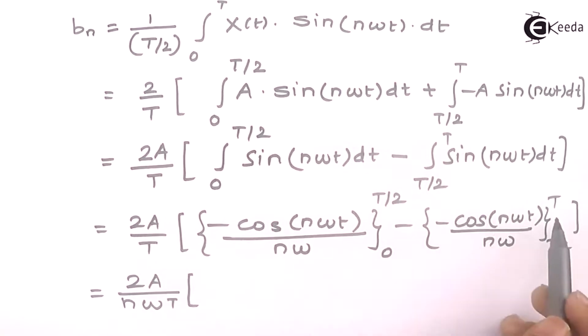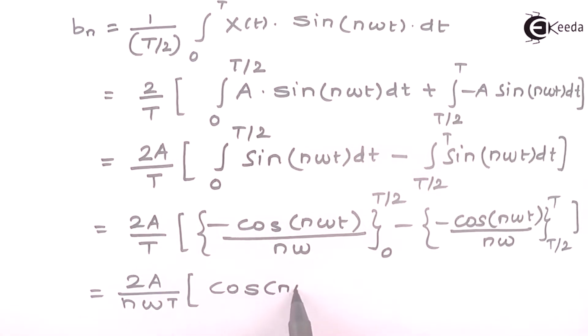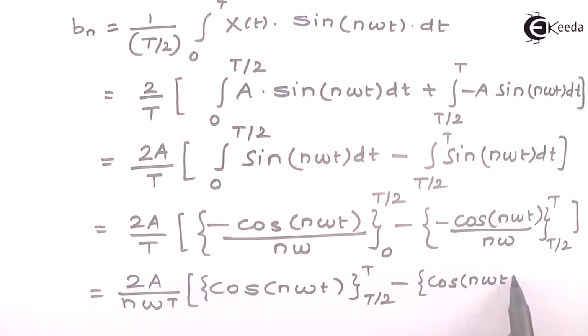So let's write this term first: cos n omega t, limits are T by 2 to T, minus, I have taken out in bracket, cos n omega t, but limits are 0 to T by 2.